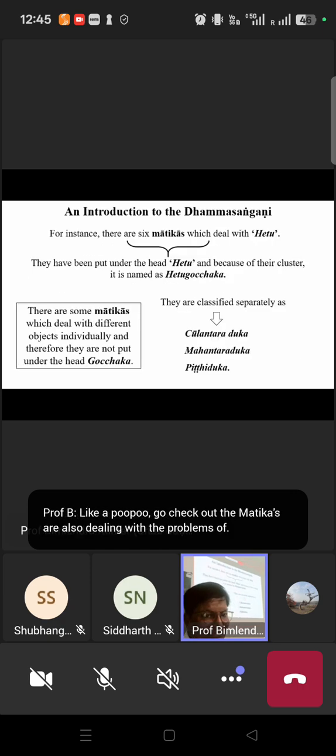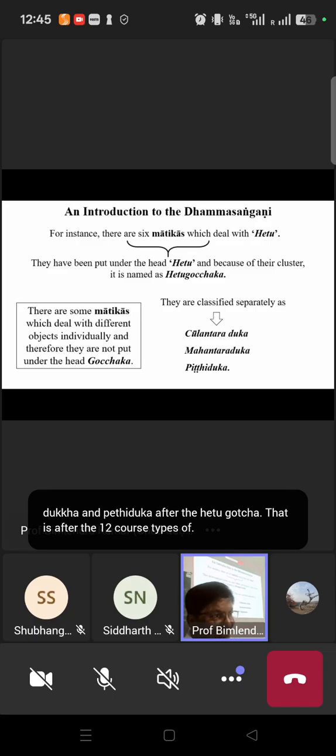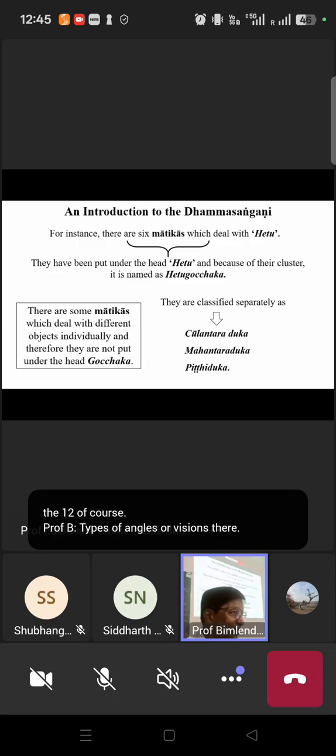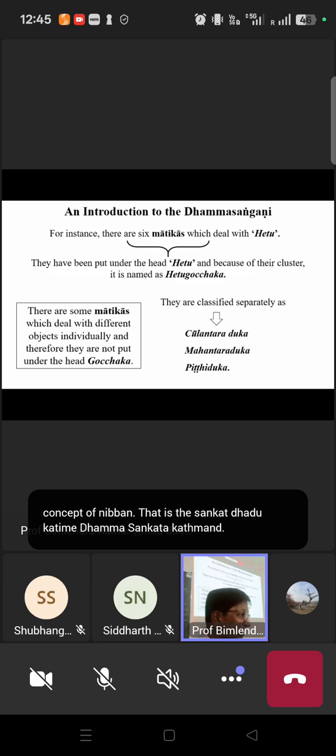Like the Hetu Gochaka, the Matikas are also dealing with the problems of dhammas. There are three: Chulantara Dukha, Mahantara Dukha, and Pitthi Dukha. After the Hetu Gochaka, that is after the 12 types of angles or visions, there are the Chulantara Dukha, 6 small Matikas which discuss the concept of Nibbana. That is: Asankhata Dhatu, Katame Dhamma Asankhata, Katame Dhamma Sankhata, Katame Dhamma Paccaya, Katame Dhamma Appaccaya, Katame Dhamma Arammana, Katame Dhamma Anarammana.